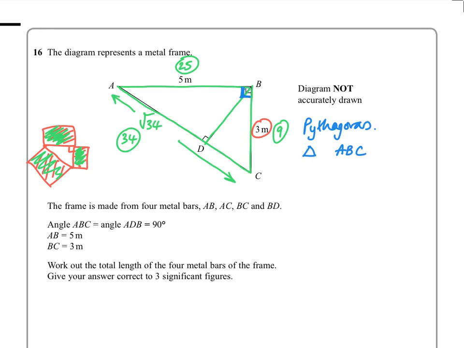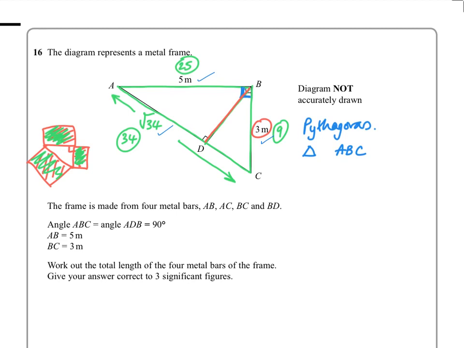Now what that means is that we've got the length of 3 of the bars. We just need to find the length of this last one here. Now personally I would start to have a good look at what we have, and we've got this length, we've got this length and this one, and what we need to do is find the length BD.